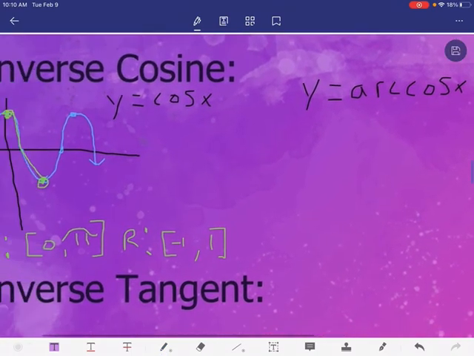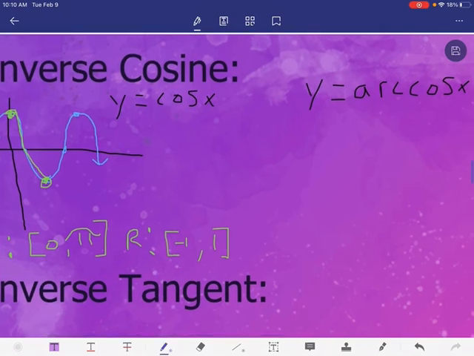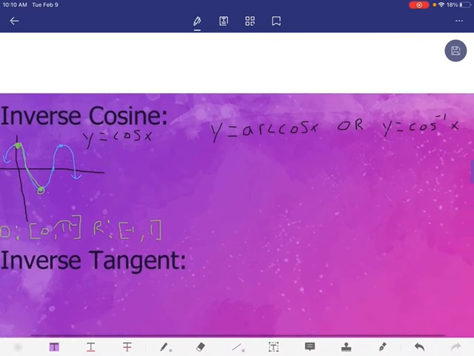So remember that to find an inverse, I'm going to switch my x's and y's, which means I'm going to switch the domain and ranges. So our domain for our inverse cosine will become that -1 to 1. And our range will be the 0 to pi.